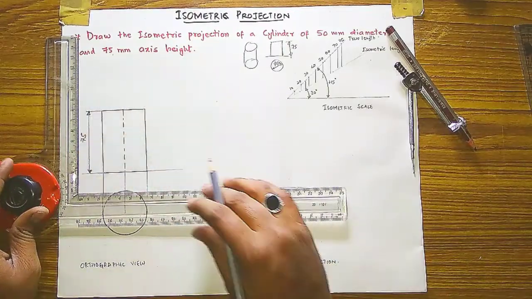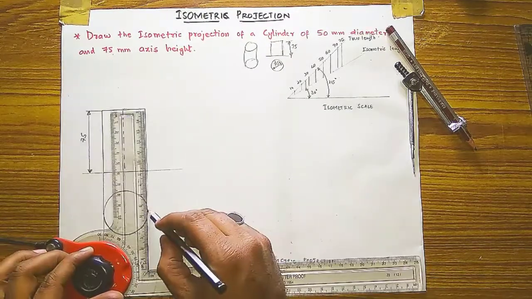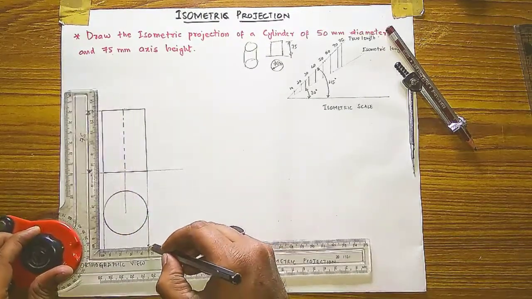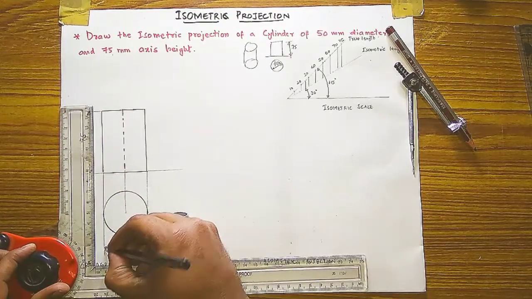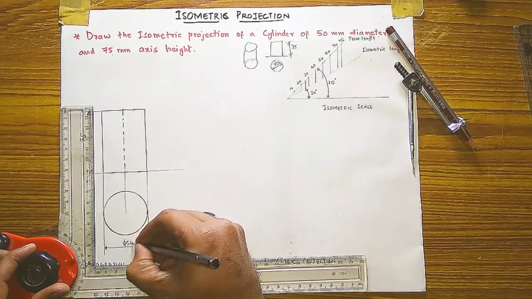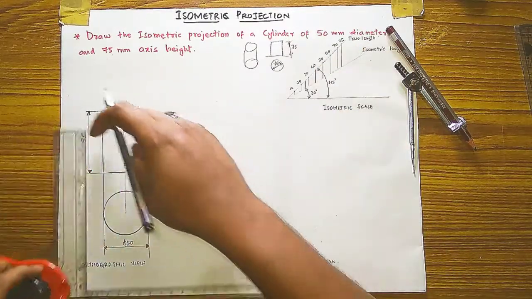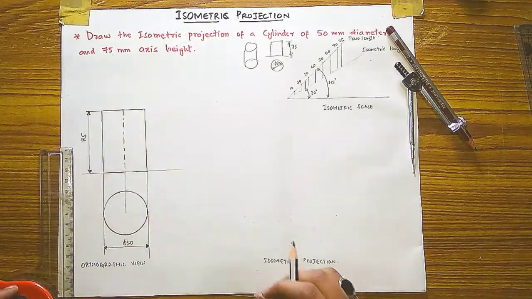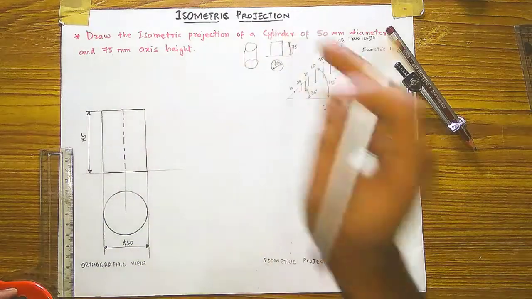You have to write 75 only. For the diameter, you have to show the diameter 50 mm. According to the isometric scale only we have drawn, but you have to show the dimension according to the question. Okay, this is the orthographic view, front view and top view of the cylinder.